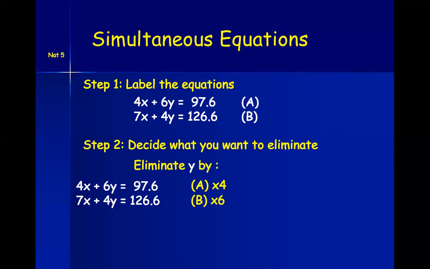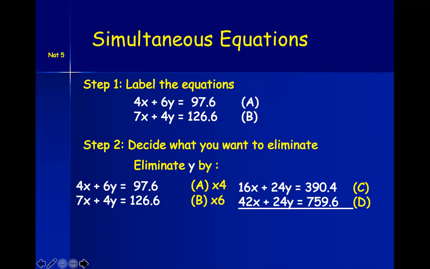Again, what I said earlier on, we could have done it by timing by 2 the top and by 3 the bottom. Again, you would get the same answer. But let's go the standard way of eliminating, by timing the one at the top with the factor of the one at the bottom and the one at the bottom with the factor.